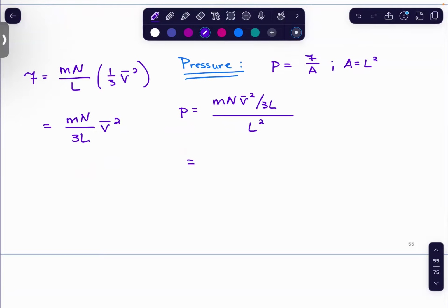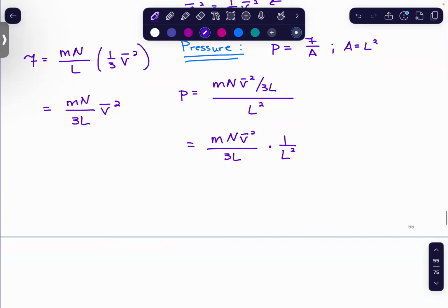So that's going to be m N average velocity squared over 3L times 1 over L squared. This is going to be m N v squared over 3L cubed. And I hope you realize that in this cubic box, L cubed is volume.